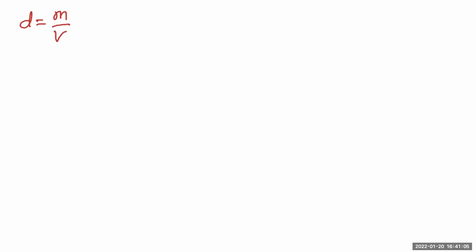Okay. So we know mass and volume. The mass is 0.438 pounds. We need to convert that into grams, for grams per milliliter.